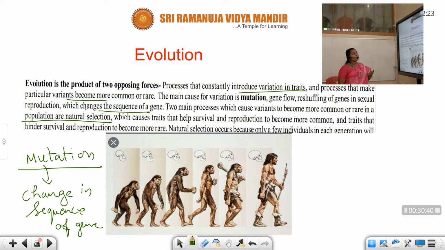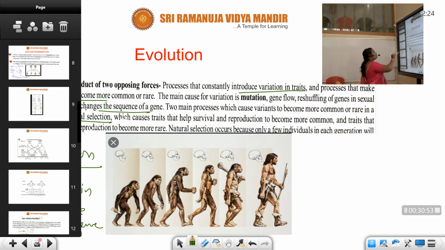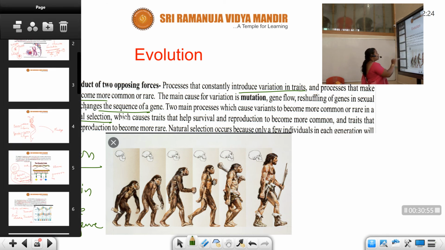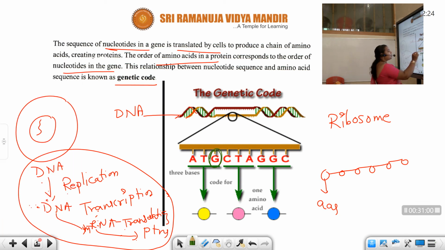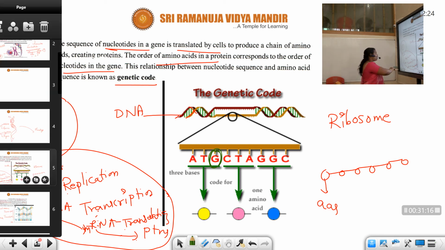The process that constantly introduces variations is mutation. A change in the genetic sequence is called mutation. In the previous slides, I explained the nucleotide sequence. If there is any change in the nucleotide sequence, that may be represented as a mutation, so that particular character may alter the character in the progeny. Understand? This is about evolution.